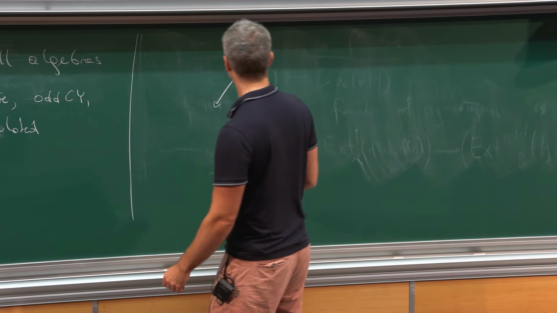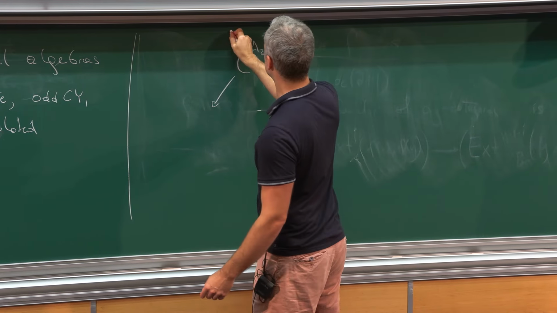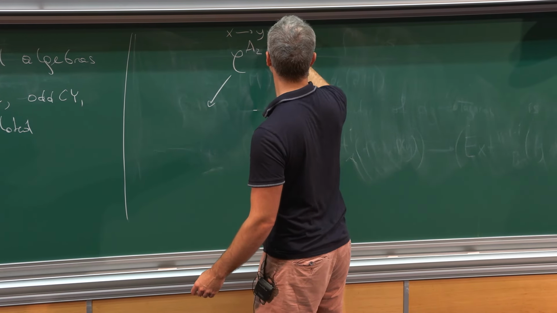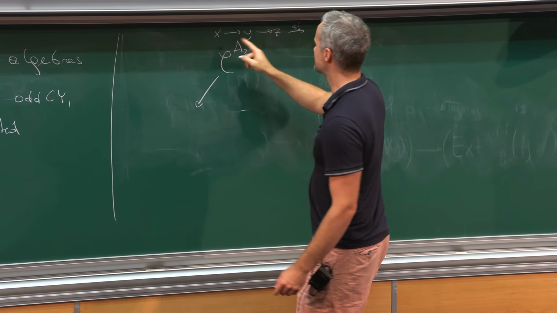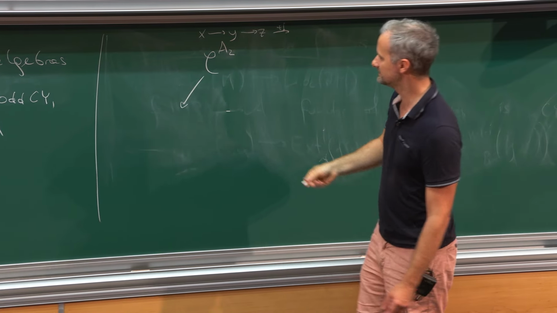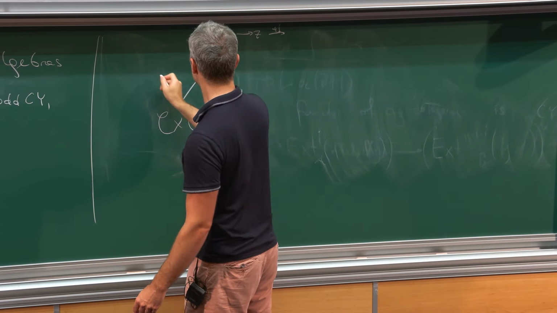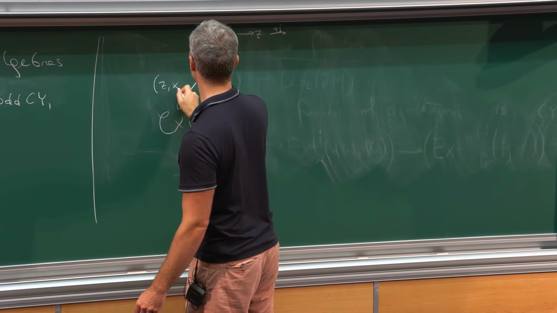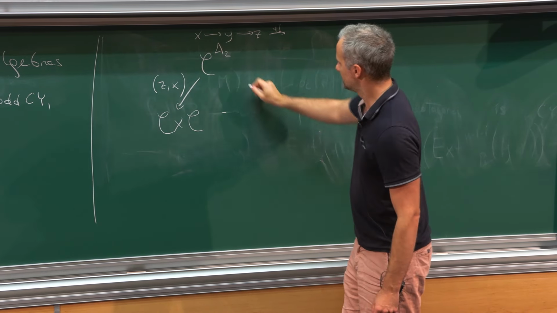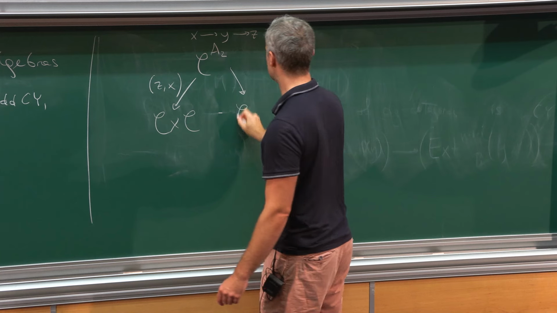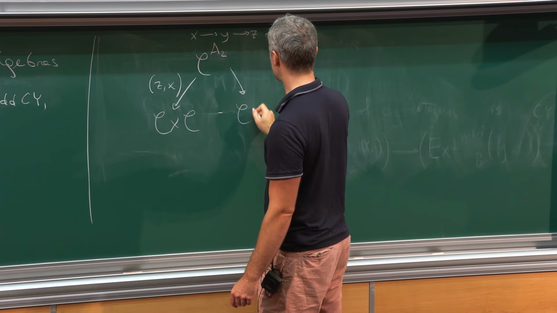If I have a triangle X, Y, Z, I can send it to the 3 objects X, Y, Z. And one leg is going to be sending it to the pair Z, X. And then another functor will send it to the extension.